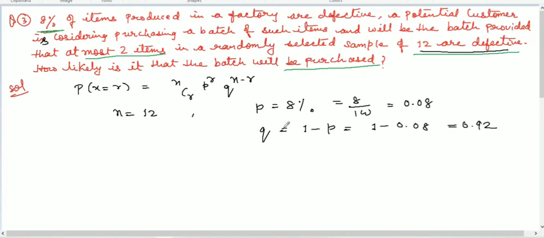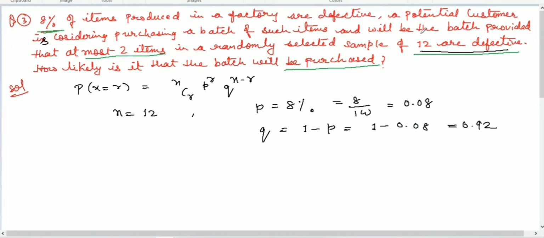Now how is this, this I am taking here. 8% of items produced in a factory are defective. A potential customer is considering purchasing a batch of such items, and will accept the batch provided that at most 2 items in a randomly selected sample of 12 are defective.